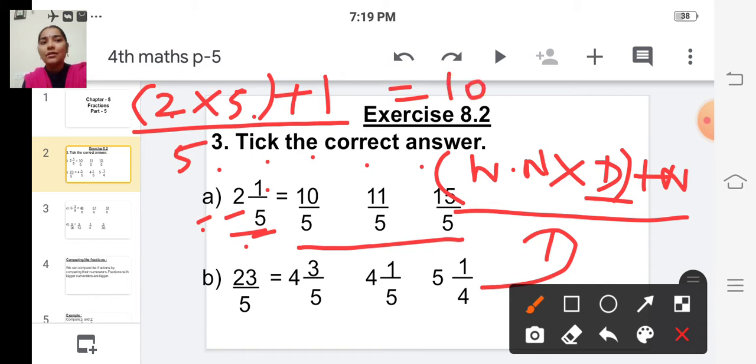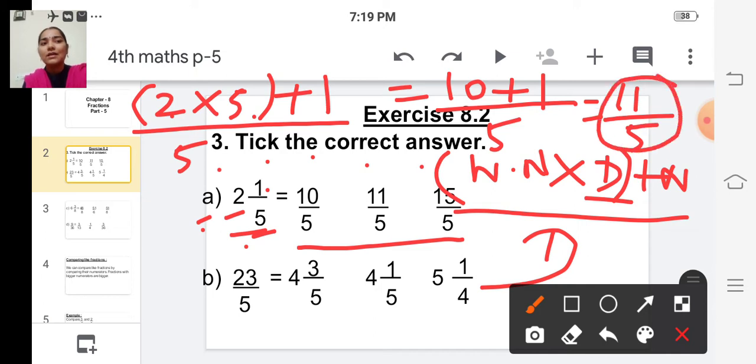So 10 plus 1 by 5, which is equal to 10 plus 1 is 11. So 11 by 5 is the answer. Here we have 10 by 5, 11 by 5, 15 by 5. Which one is correct? 11 by 5, isn't it? So 11 by 5 is the correct answer. So we have to tick. Okay, 11 by 5. Is it clear?